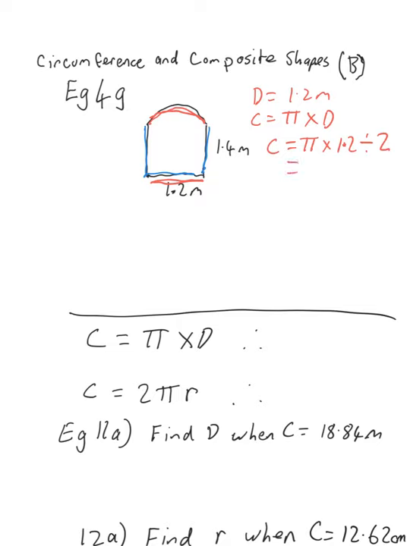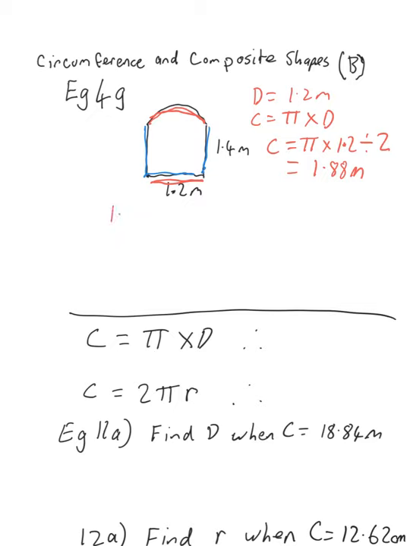Now, if we apply that, put that into our calculator, that comes to 1.88 meters. Okay, so we've got to add that. We're being asked to find the total perimeter. So that's all 4 sides, the curved side and the 3 straight sides.